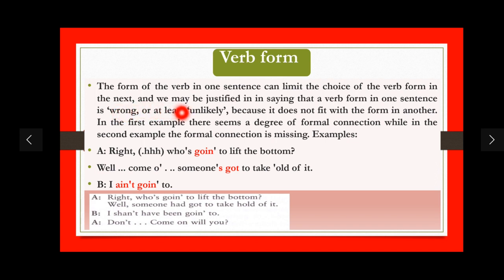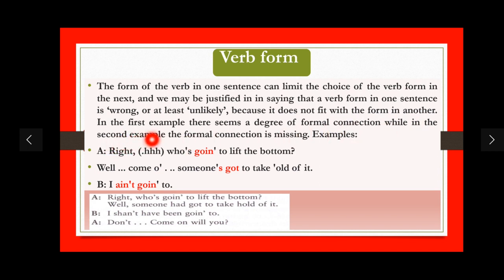We may be justified in saying that the verb form in one sentence is wrong. If, for example, in the first sentence you are using present tense, and in the second sentence you are using past tense, then we will be justified in saying that the verb form is wrong, because one sentence cannot be linked with another, or at least is unlikely to be, because it does not fit with the form in the other.